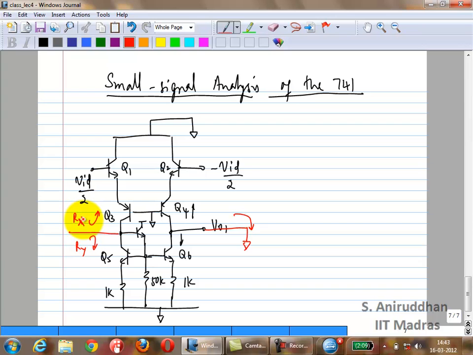Actually, what is Ry? What is it? GM5 into 1K. Is that right? Okay, so GM5 into RO5 into 1K. Is that right?